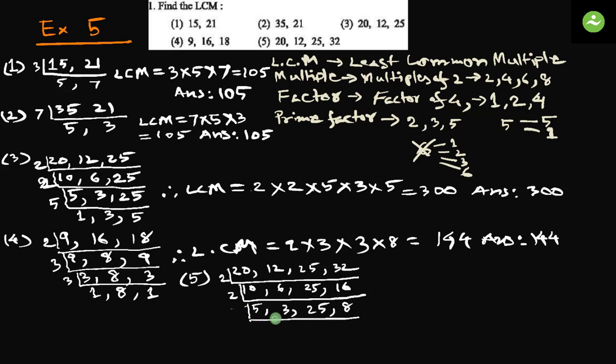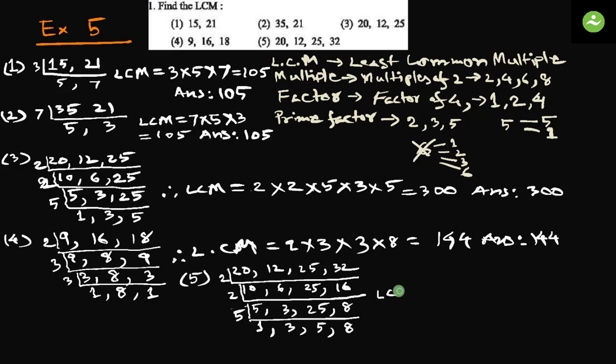Now we need at least two numbers that can be divided by a prime factor. So 3, no, we cannot divide by 3. Can we divide by 5? Yes, we can divide because there is 5 and 25. 5 into 1, bring down 3, 5 into 5, bring down 8.